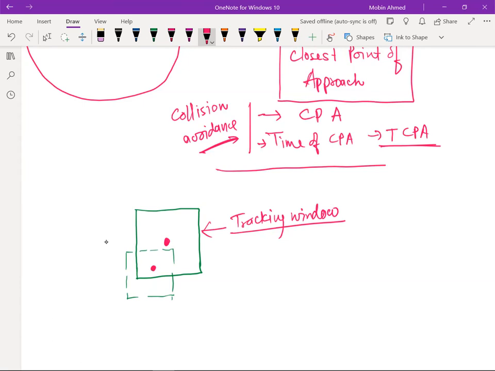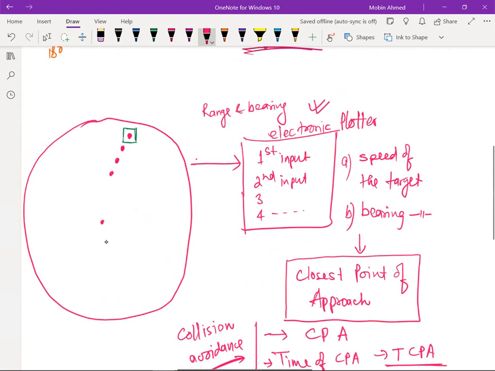So this becomes the automatic tracking aid, to plot automatically range and bearing of the targets. Now we do not require a separate plotter. The plotter will be there, but this window itself is going to give the input automatically to the plotter.